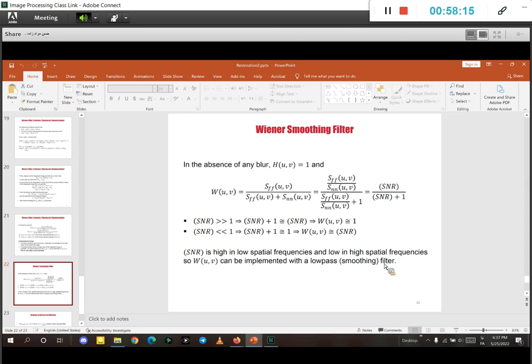Low pass filter, a smoothing filter. Using a low pass filter, you can, for example, estimate a good Wiener filter. That's right. Why? Because of these two items.